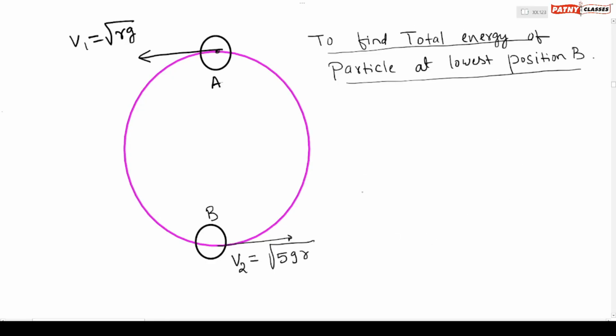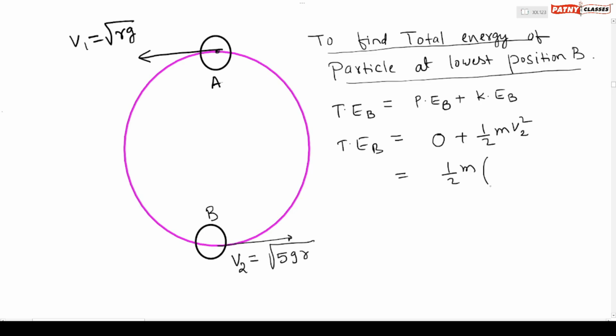Now we need to find the total energy of the particle at the lowest position. Again, the total energy at point B. Point B is the lowest position of vertical circular motion. Again, it is the addition of potential energy at B plus kinetic energy at B. At the lowest position, the potential energy is 0 and kinetic energy is given by half mv2 square. So that equals half m and v2 is under root of 5gr.